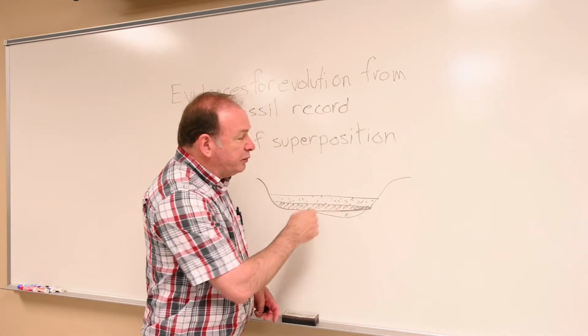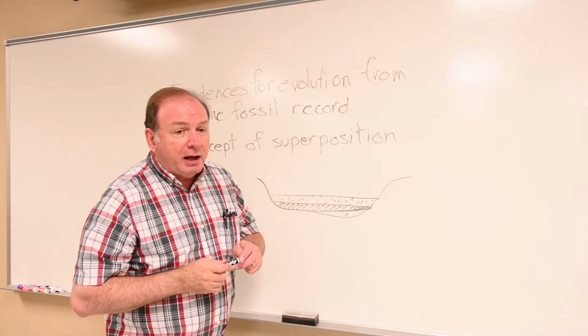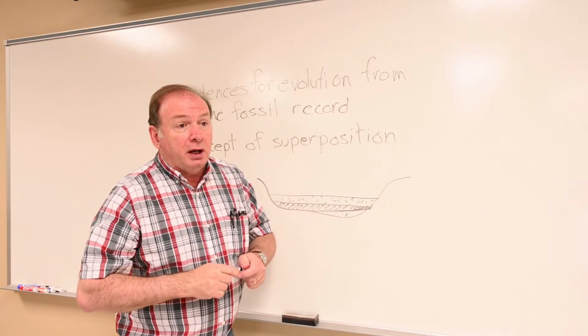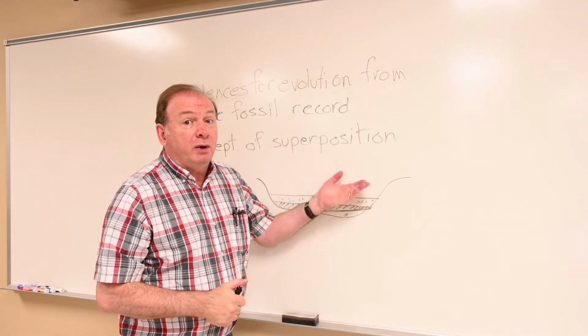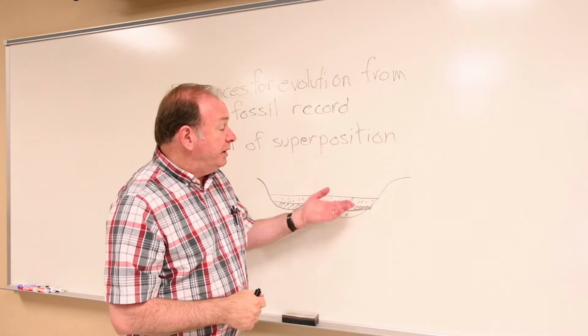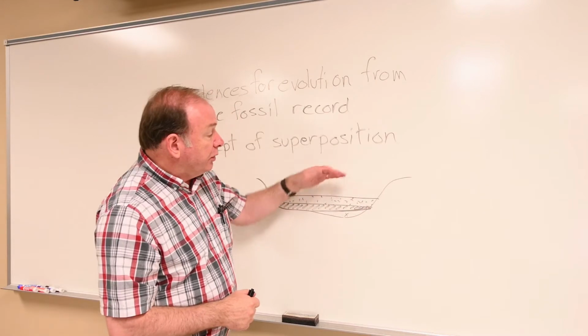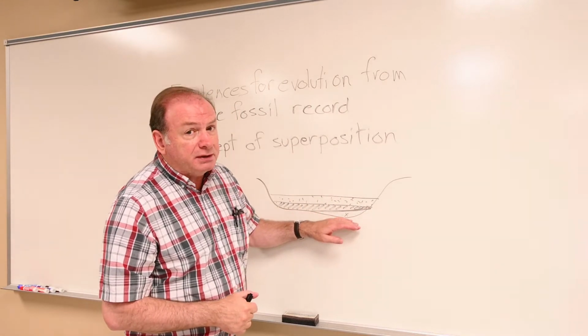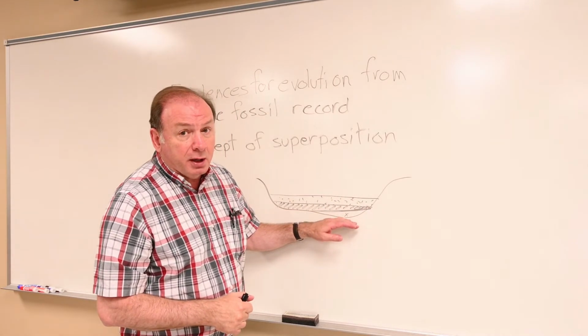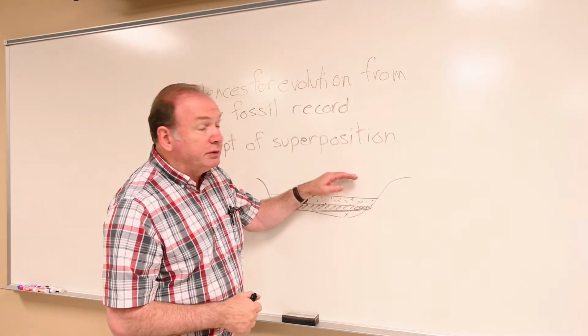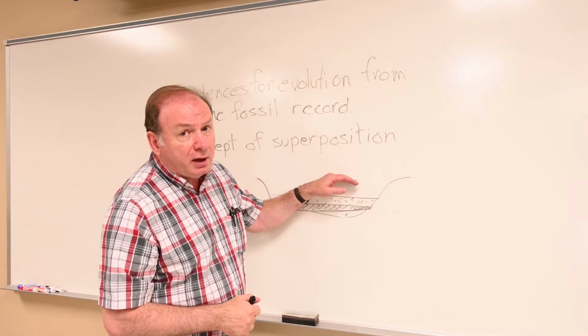So this concept of superposition allows us to do some rough estimation of relative age of the different fossil forms you find in these rock formations. So those things that are deepest in the sedimentary layers are considered to be the older fossils, and those things that are up are newer fossils.